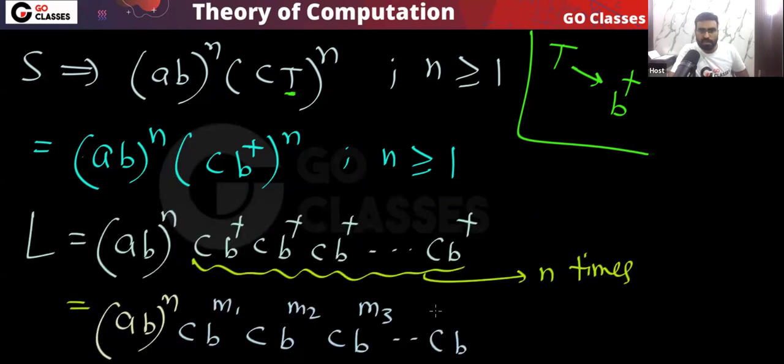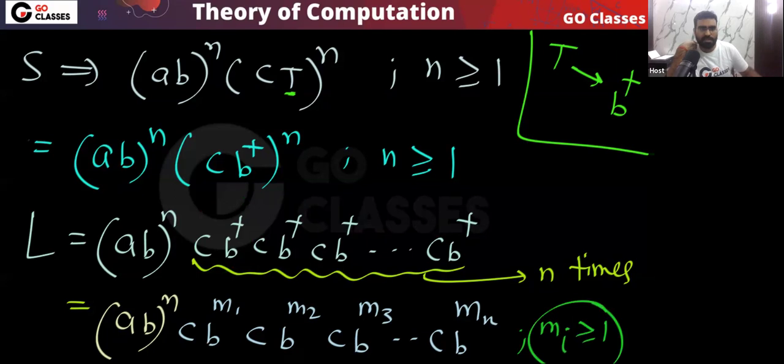If this is n here, then mn. Understood this? Please tell me. Because this cb plus is repeating n times, if I write this as m1, then this will be m2, then this will be mn, where all mi are greater than or equal to 1. Is this clear?